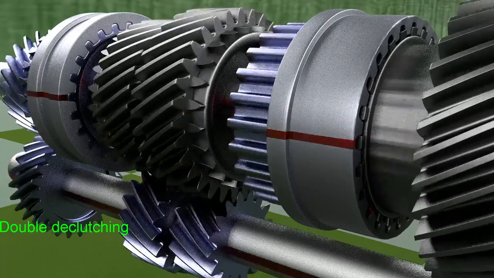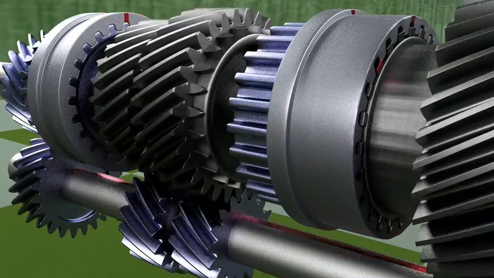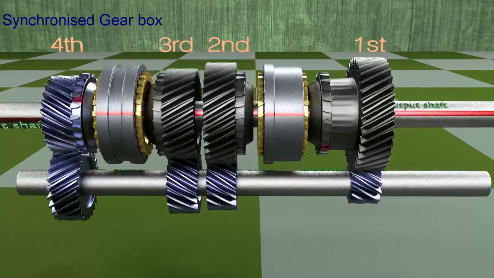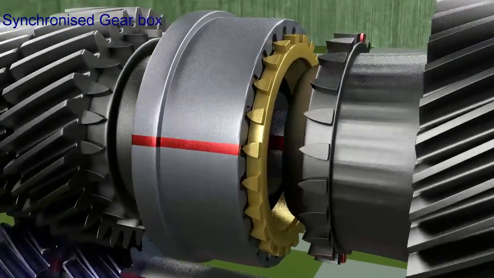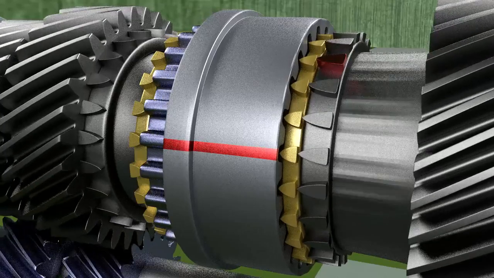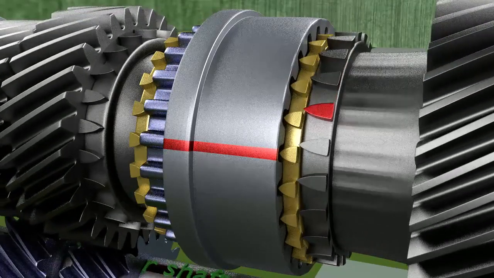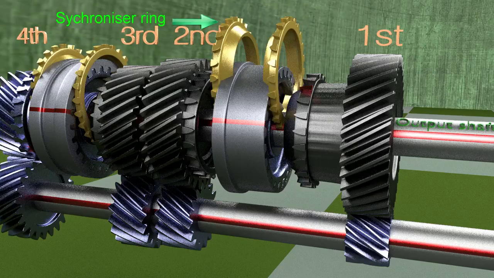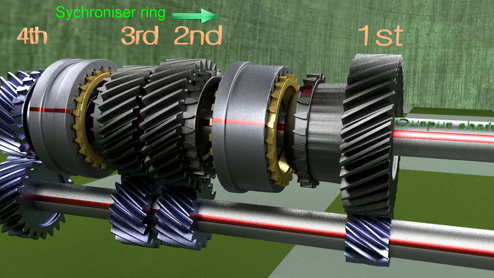To avoid this problem, most modern manual transmission vehicles are fitted with a synchronized gearbox. In a synchronized gearbox, the speed of the shift sleeve and the gear desired to be locked on the output shaft is matched automatically. This is done by employing a synchronizer ring.